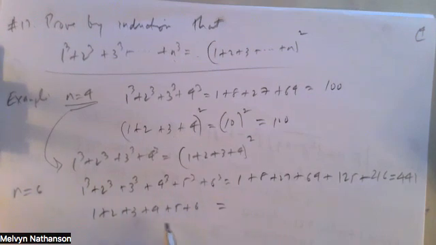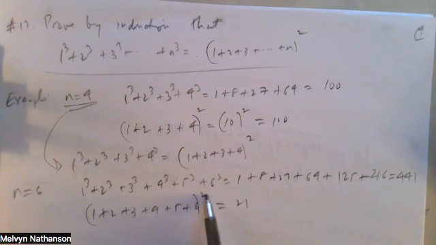if I add up the first 6 integers, what do I get? What's the sum of the first 6 integers? What is it? Someone tell me. 21.